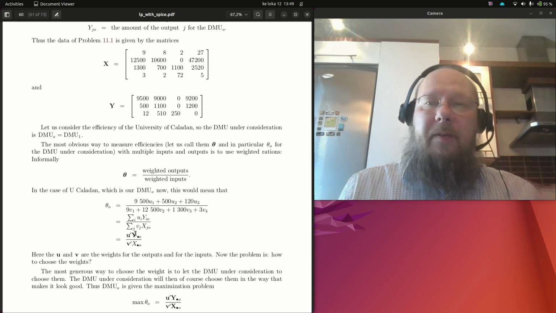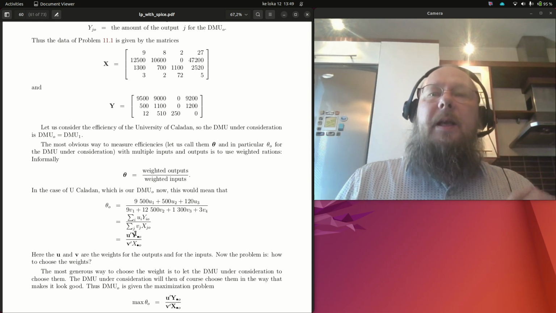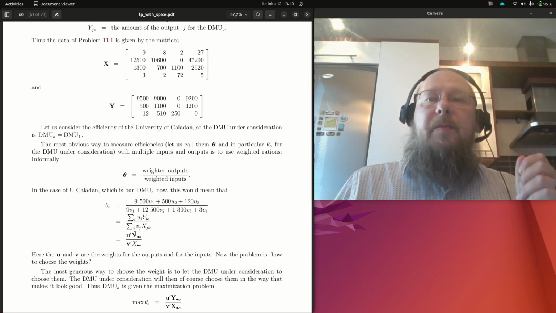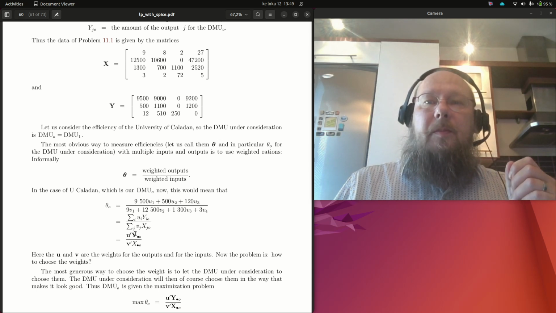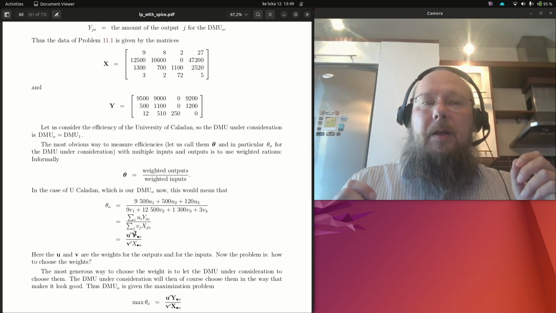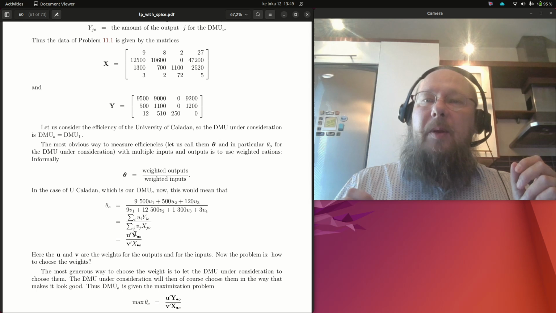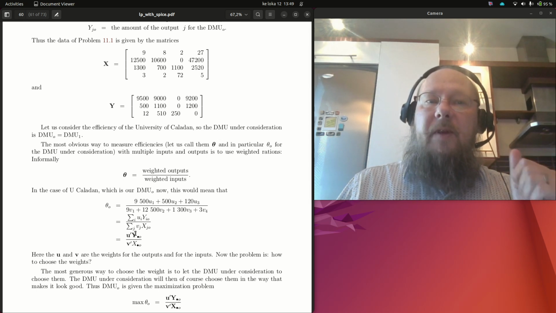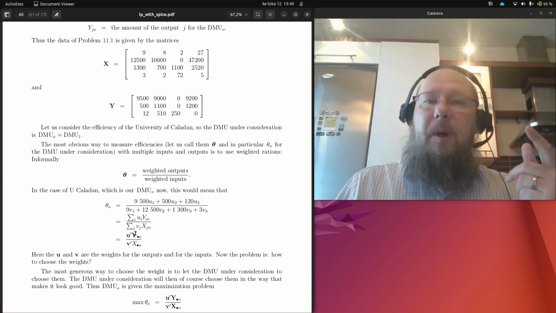And now comes the clever trick. Each DMU wants to look as good as possible. So each DMU wants to be 100% efficient. So for the DMU, this would be a maximization problem of these weights: the weights V for the inputs and weights U for the outputs.